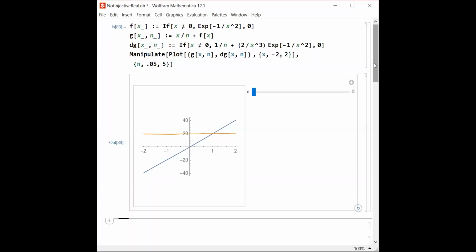First thing I tried, so yeah, unfortunately I used the letter f, so let f be e to the negative 1 over x squared if x is not 0, and 0 if x equals 0. Why do you think I defined it like this?